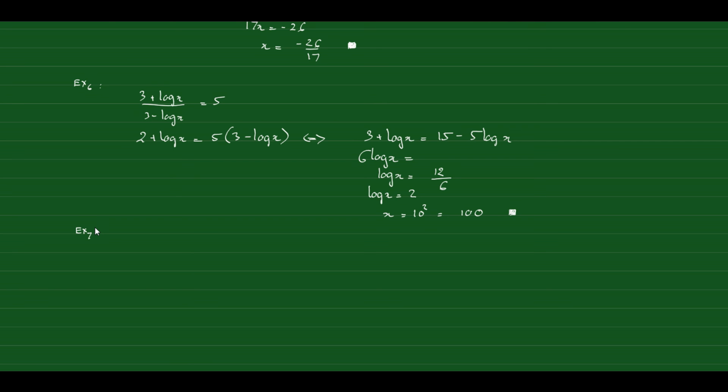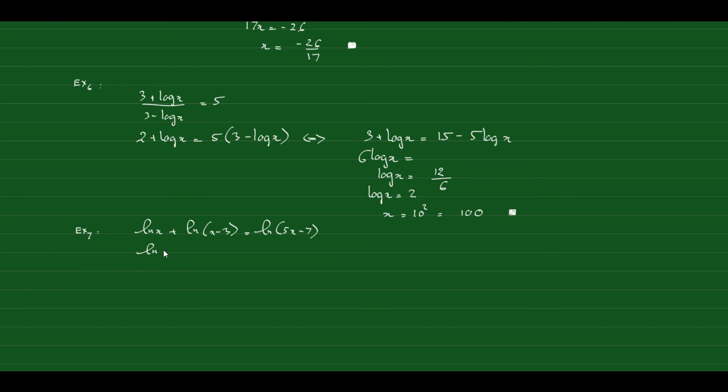Okay. So I have ln x plus ln of x minus 3 equal to ln of 5x minus 7. So the addition over here becomes multiplication.